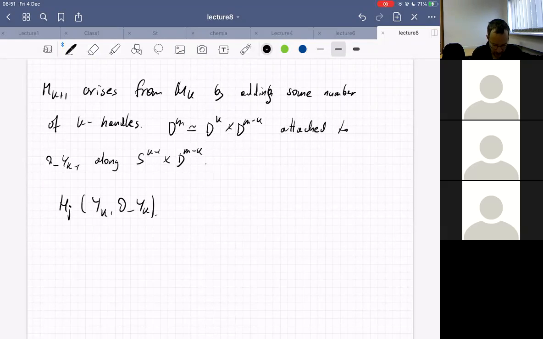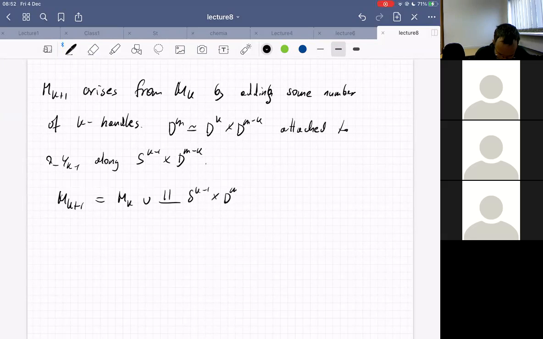Well, mk plus 1 is equal to the union of mk with some disjoint sum of sk minus 1 cross dm minus k.